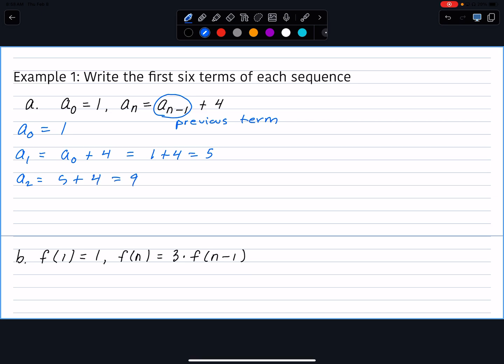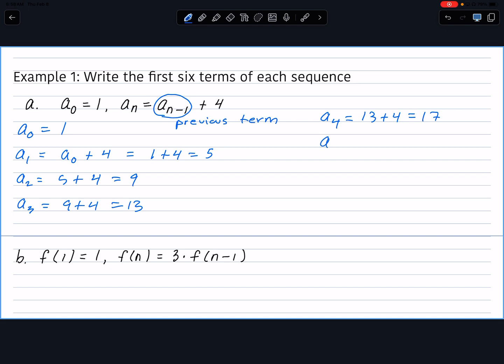In order to find the next term in the sequence, I take the previous term, which was 9, and I add 4. To find the next term, I take our previous term, which was 13, add 4.